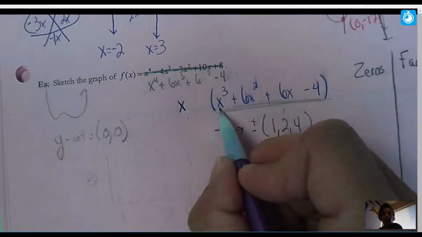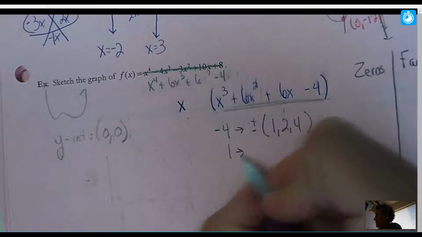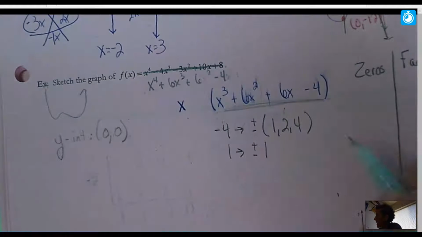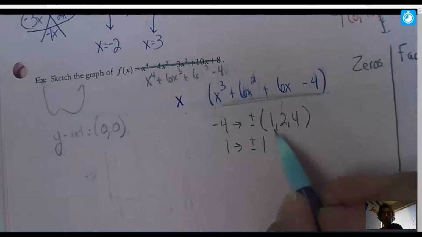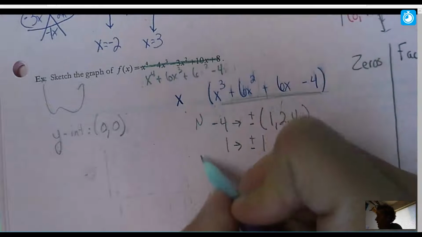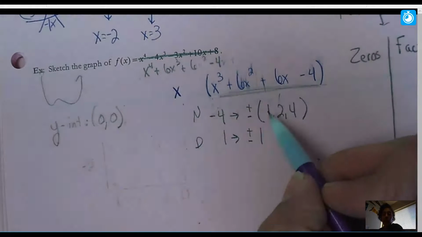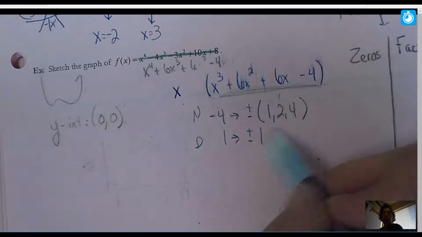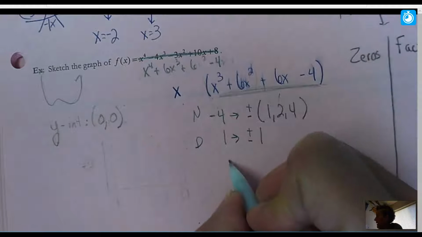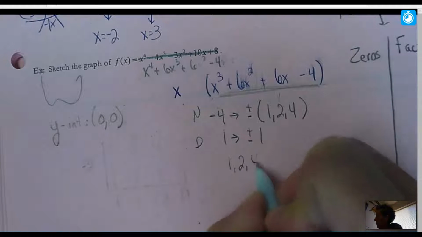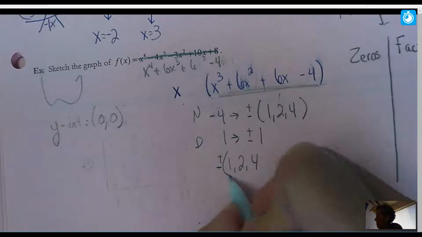And then I would take factors of the number in front, 1. So that's just going to be positive and -1. And then I would make this fraction. And again, this would be the numerator, and this would be the denominator. So I'd have 1 over 1, 2 over 1, 4 over 1, which in the end is just 1, 2, and 4, but a positive and negative version of all of these.